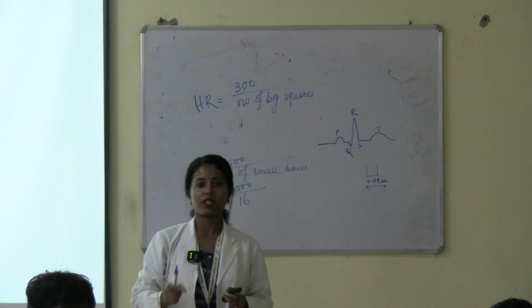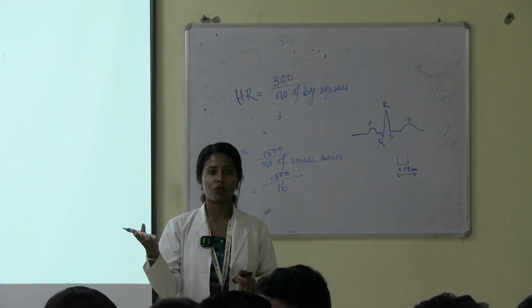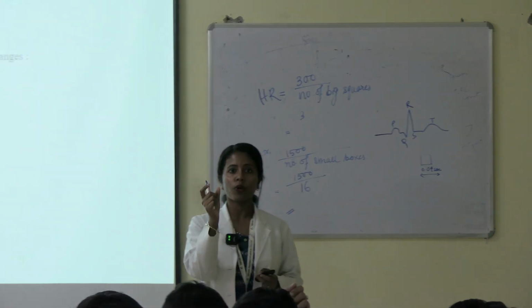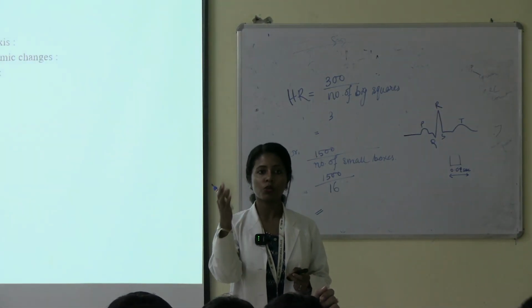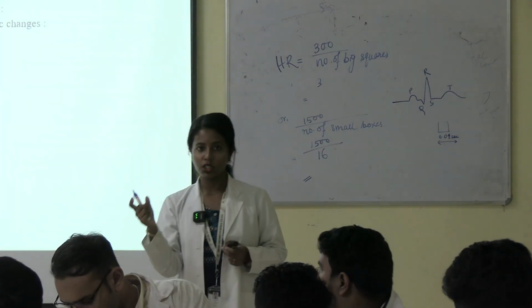Count the number of small boxes. How many? 2. So it will be 2 into 0.04. One box is 0.04. So that's how you calculate the duration.